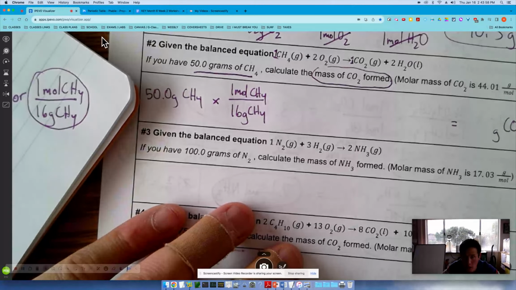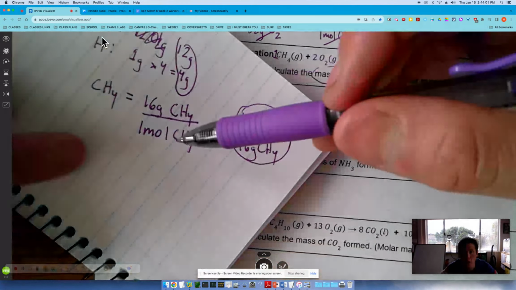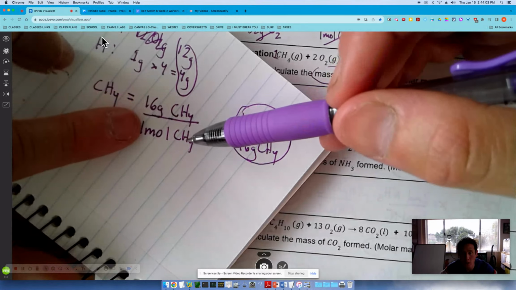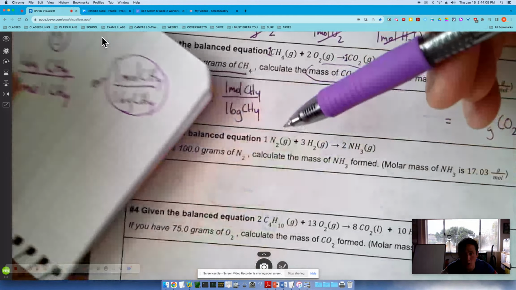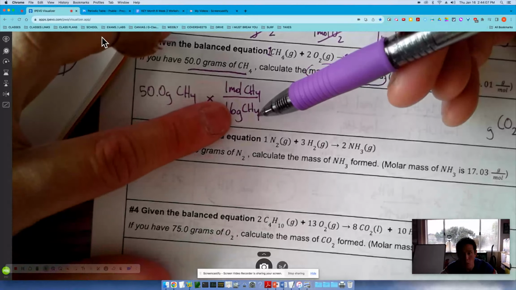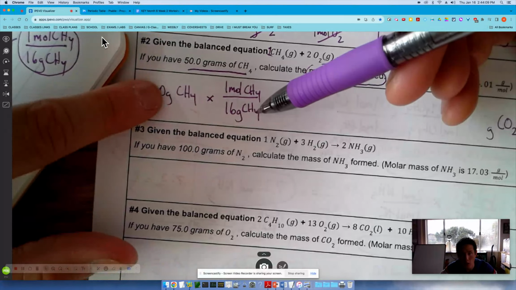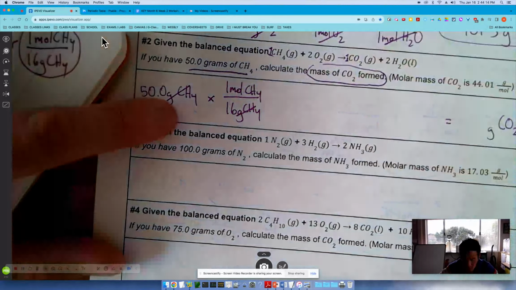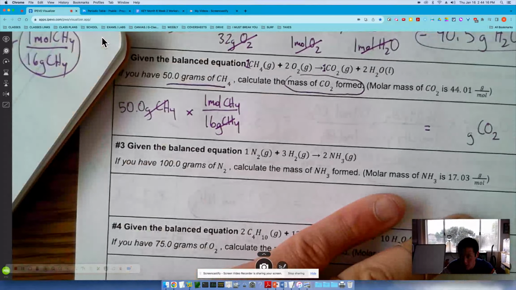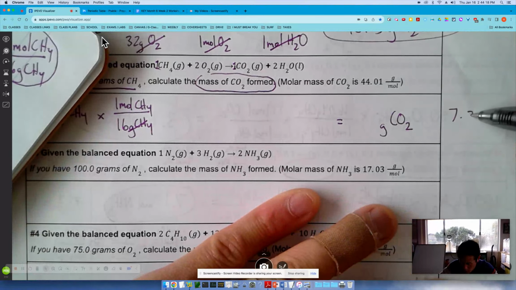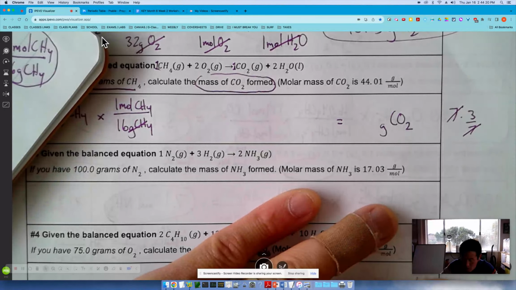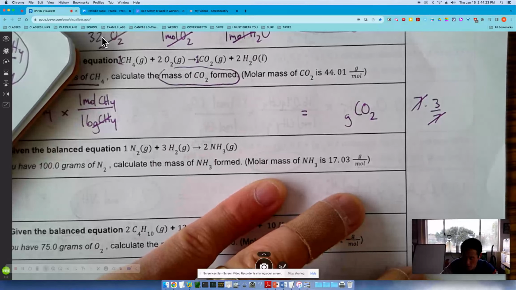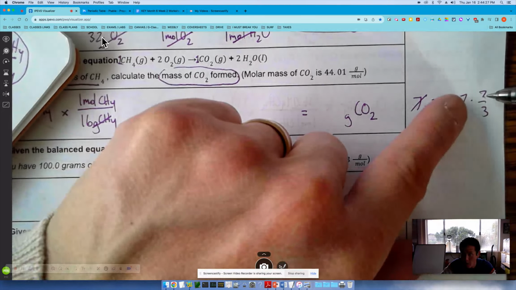The reason why I didn't go with this one is because if I did, moles would be on the bottom for CH4, and the grams wouldn't cancel out. These do. In the same way that 7 times 3 over 7, the 7s would cancel out, but 7 times 7 over 3, the 7s would not cancel out, but this would, okay?